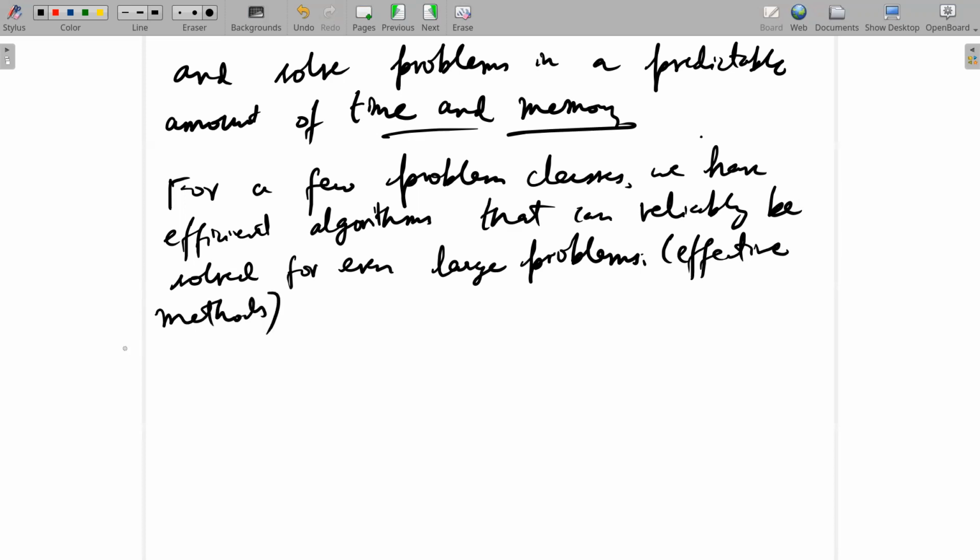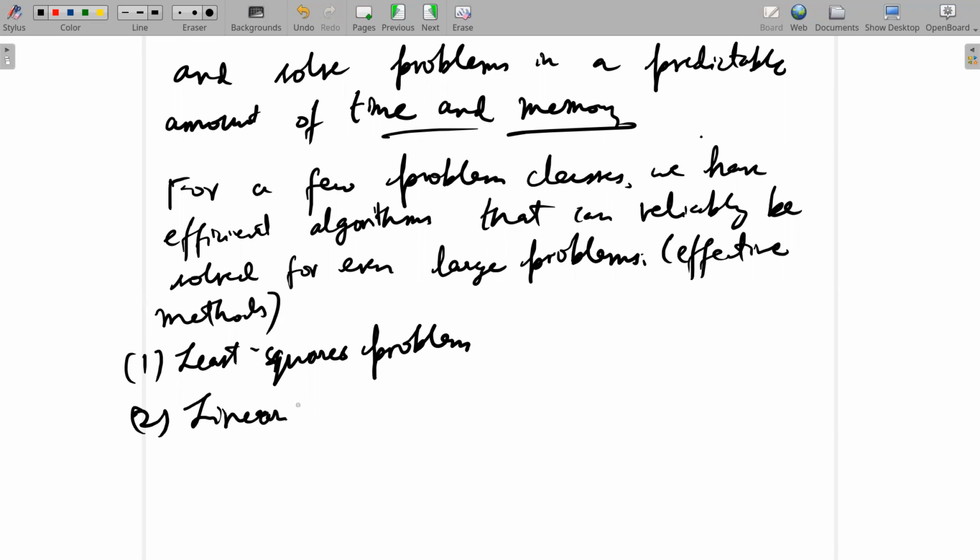So what are those problems? We already talked about a little bit. Least squares problem. Linear programming. And 3 is convex optimization.